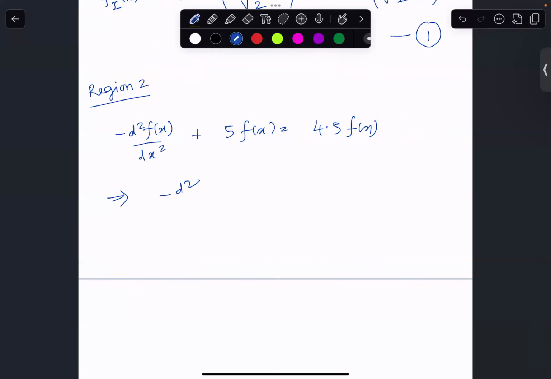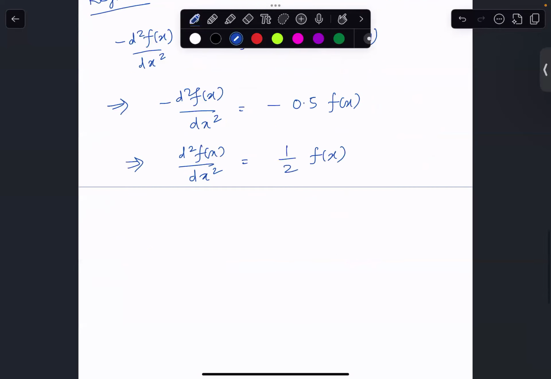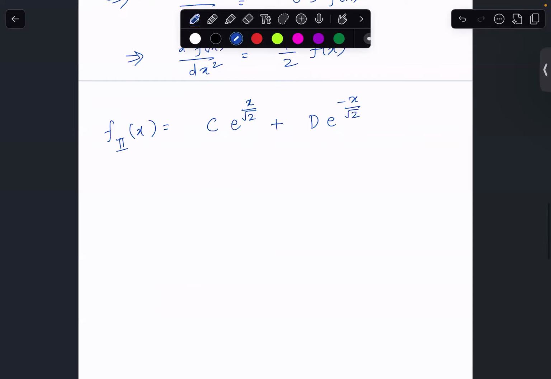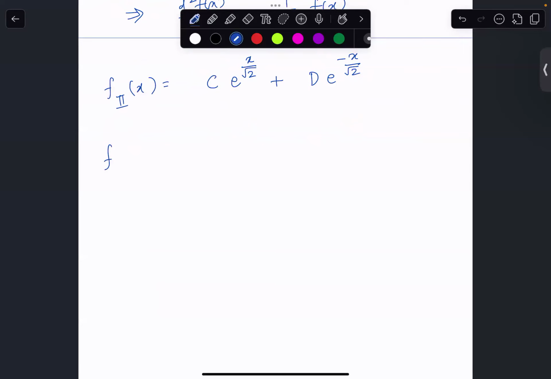So we have minus d squared f of x upon dx squared equals minus 0.5 f of x, which can be rewritten as d squared f of x upon dx squared equals 1/2 f of x. The standard solution for this kind of equation can be written as f in region 2 of x equals c e to the power x upon square root of 2 plus d e to the power minus x upon square root of 2, where c and d are again unknown constants.